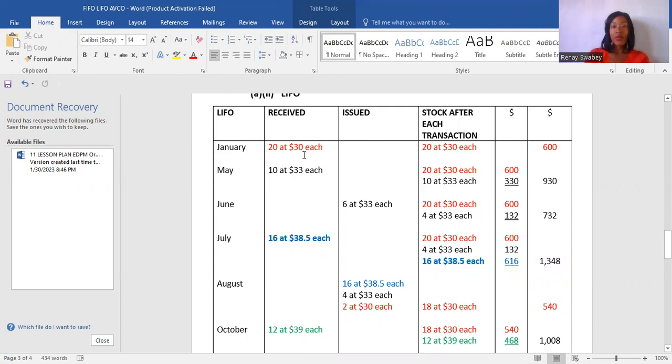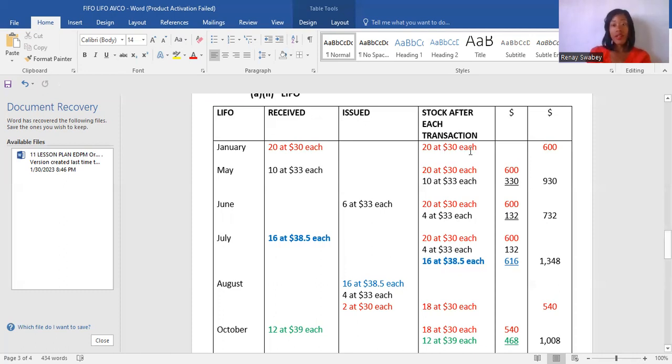So in January, again, we would have purchased our 20 items for $30 each, right, Selena? And as none was sold in January from this batch, this case of 20, we're going to do our stock valuation, which is counting up the amount of goods that were sold and the goods that were not sold.